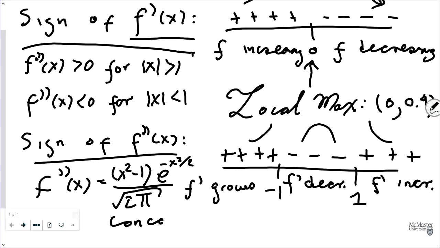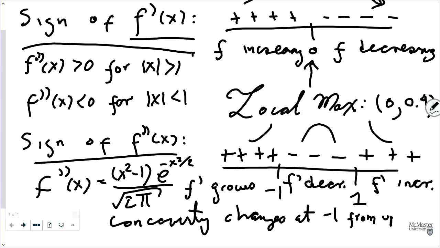So the concavity changes at -1 from up to down, as you can see, concave up, concave down.